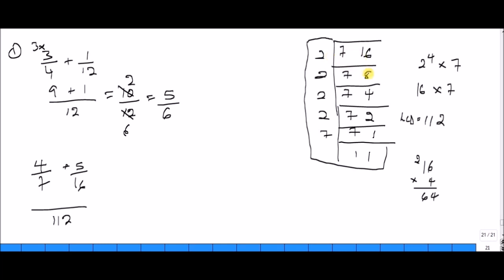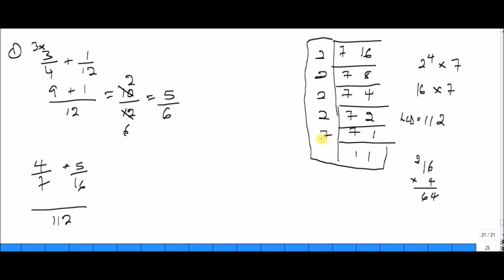We say 2 into 16, 8. Using 2 again, 2 into 7, we're going to leave a remainder, write it back. 2 into 8 will go 4 times.